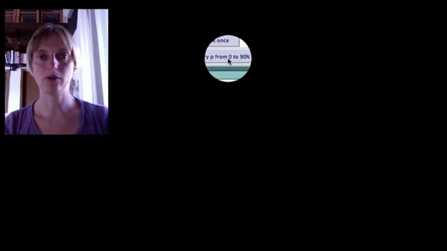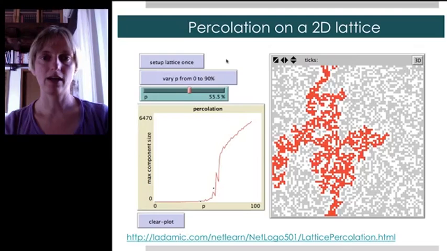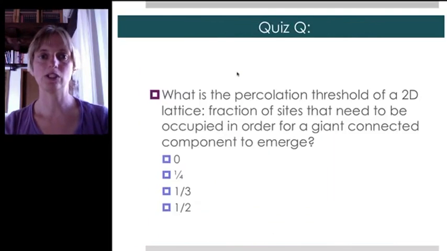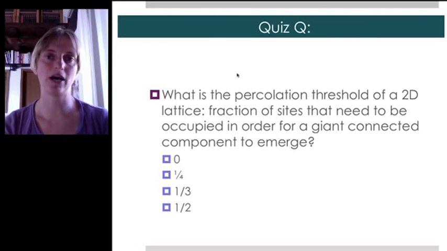The water can't percolate through. Instead of trying all possible values, you can also systematically vary P from 0 to 1, and so here it is. So what I'd like you to do is to answer the following quiz question, which is just what is the percolation threshold in a 2D lattice? What fraction of the sites need to be occupied?